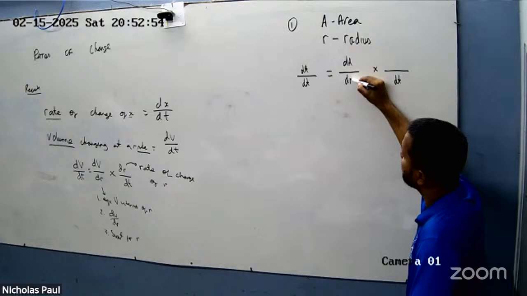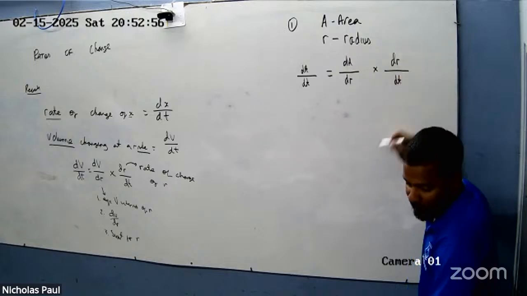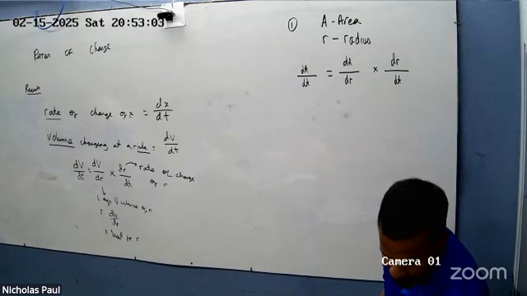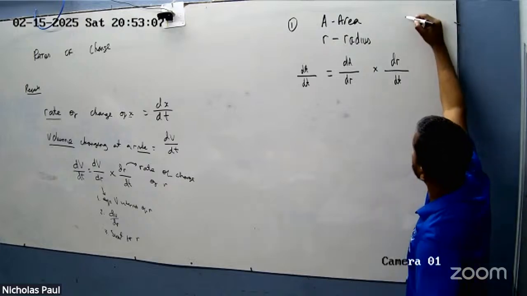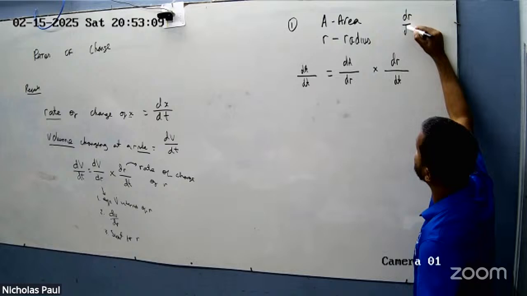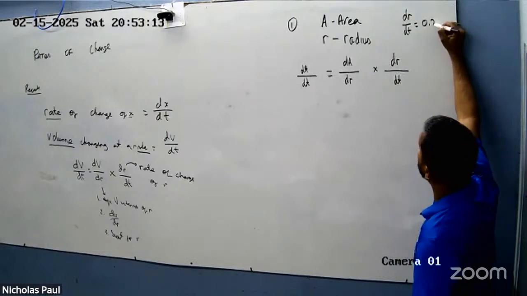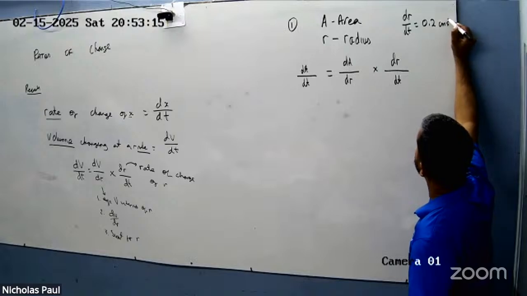dr, right? If you look at the question, it told you the radius of the circular block is increasing. So the question gave you dr/dt, right? And that value is 0.2 centimeters per second.